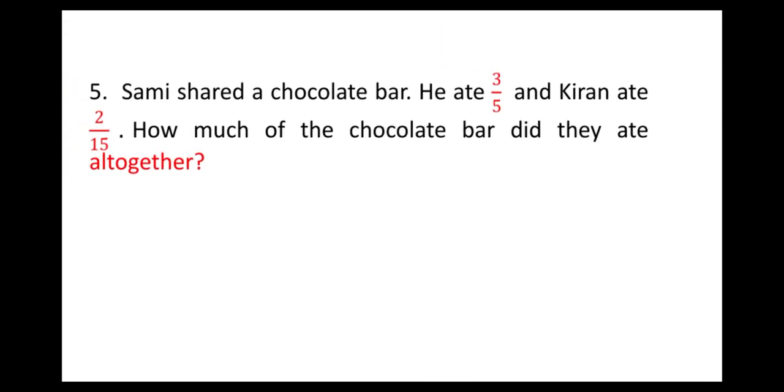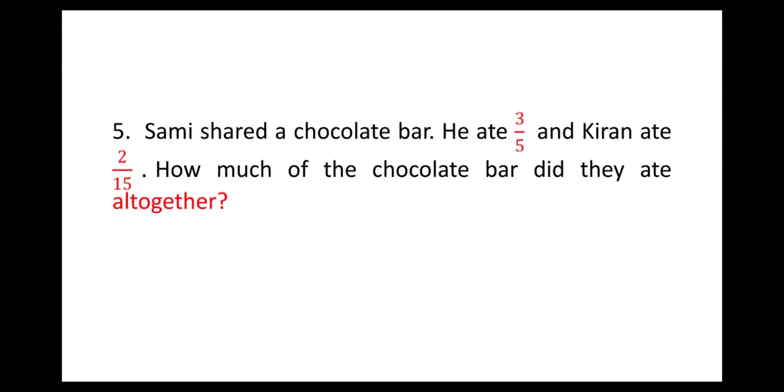Okay ji, this is the last question of this lesson. Sami shared a chocolate bar. He ate 3 upon 5 and Kiran ate 2 upon 15. So how much of the chocolate bar did they eat all together? The clue word in this statement is all together, which means we need to apply the addition operation on these fractions.